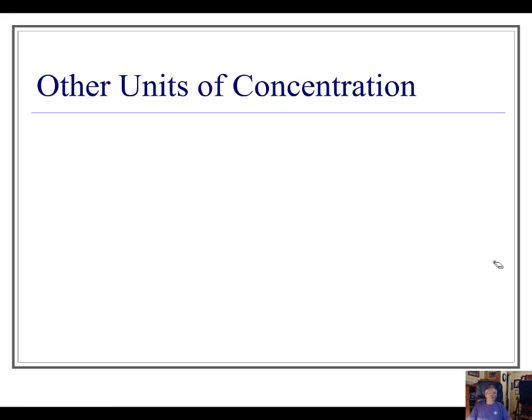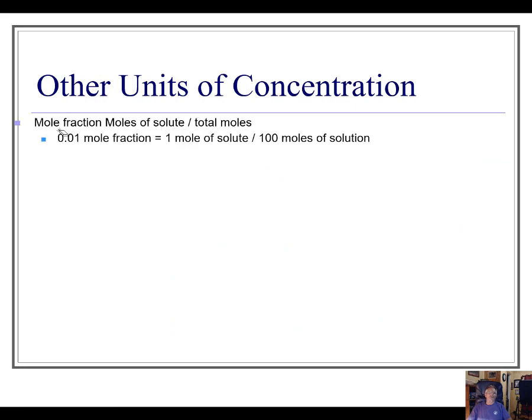Other units of concentration. The mole fraction is useful, and you'll be using it in this course. And it's just moles of solute divided by the total number of moles. I've listed one here: mole fraction is equal to moles of solute divided by moles of solution. Now, mole fraction is a ratio, and it's a ratio that will always be less than 1.